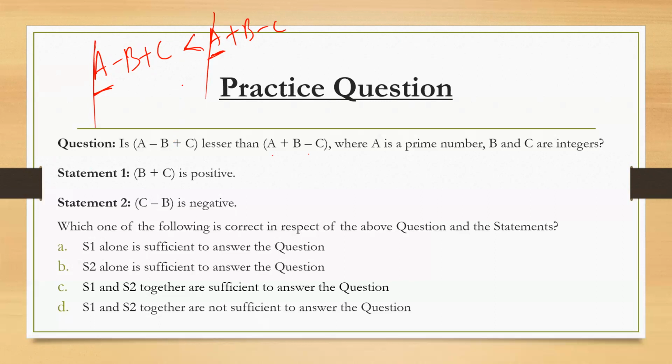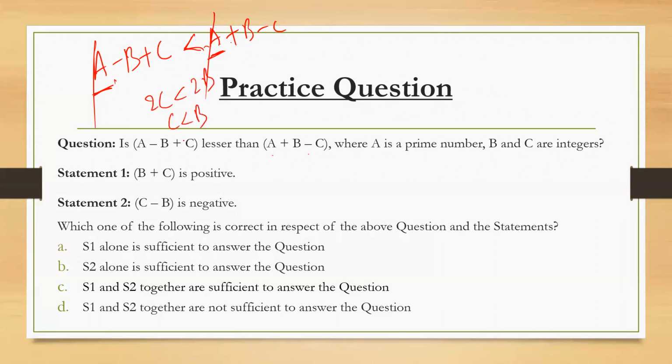So what you will do here, you can simply cancel it out. The reason is both values are the same, they are being added to either side of the inequality, it will not change much. The inequality will remain the same. Now you have B and C. Now you cannot simply cancel it because here it is minus B, here it is plus B, again plus C, minus C. So bring that minus sign here, it is 2C, bring that B here, that is 2B.